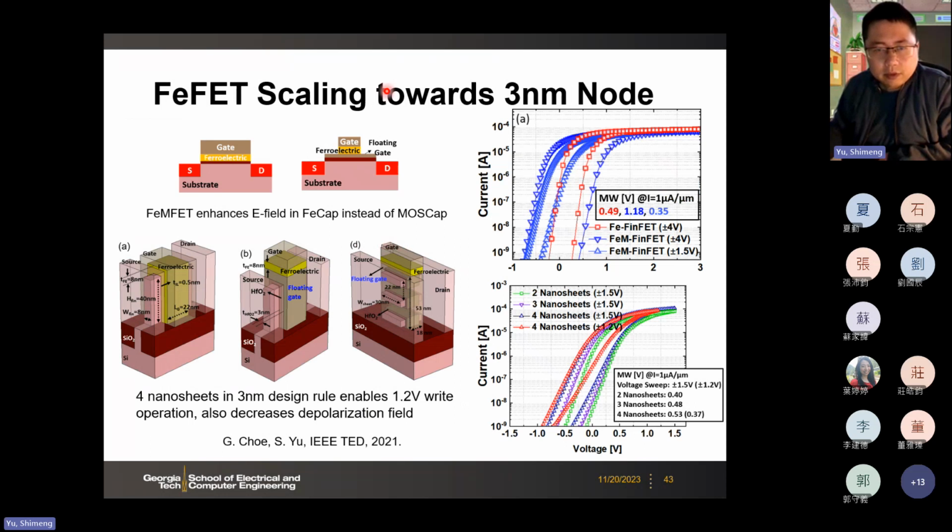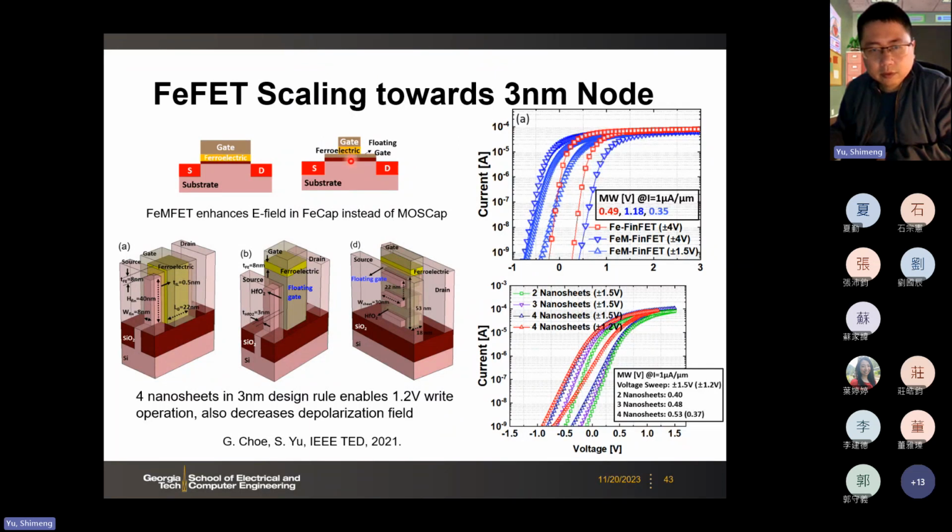So here, we also did the TCAD simulation to scale the FeFET towards 3 nanometer node. That means we have to change it to the nanosheet structure. And one way to reduce the write voltage is to make the ferro not surround the whole gate, but only sit on the top.